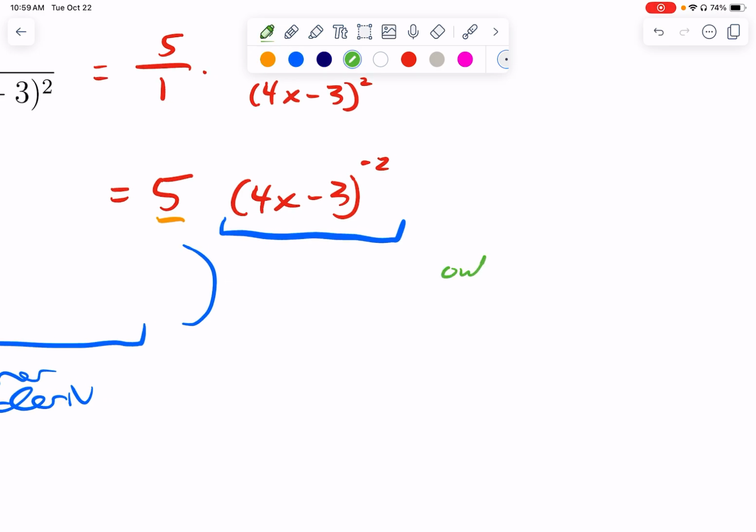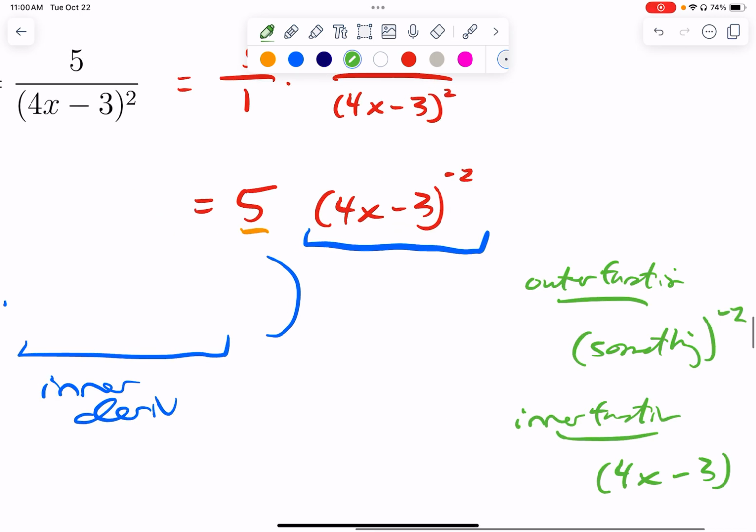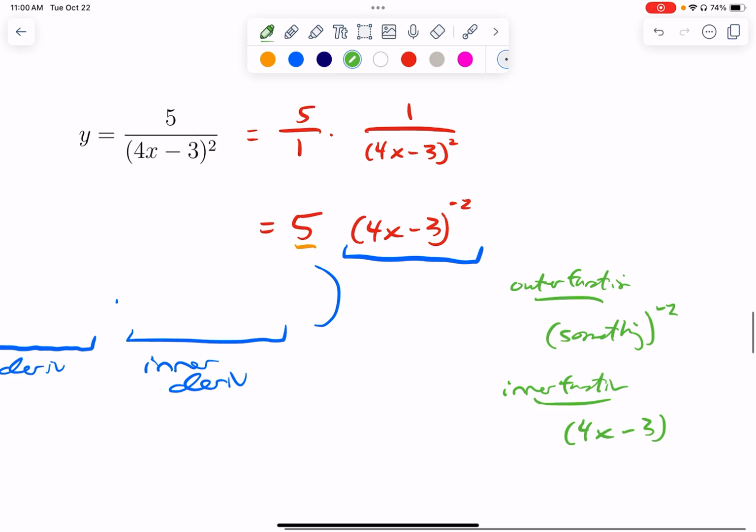Hopefully you're realizing that your outer function is something to the negative 2 power, and our inner function is 4x minus 3. I might switch up how I identify those. Usually you're recognizing them at the same time, inner and outer, outer and inner, so write them down in whatever order occurs to you. Although usually when we do the derivative, we'll write outer first.